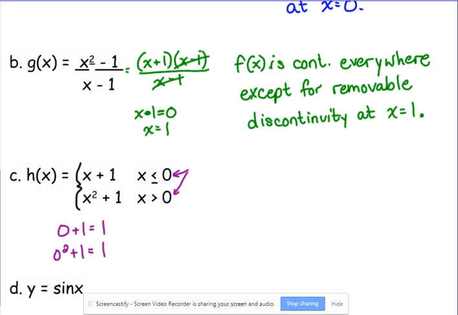Those agree, and these two functions themselves are continuous functions. x plus 1, x squared plus 1, those are continuous. So, that was not f up there either, that was g. My bad, not paying attention to details. This is h. h of x is everywhere continuous.